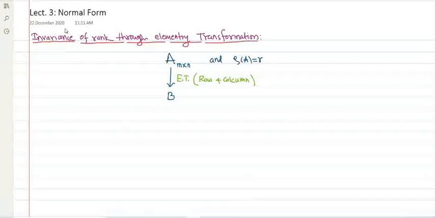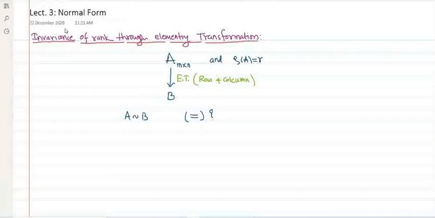By applying a sequence of elementary transformations, which may be 1, 2, 3, 4 like that, on matrix A. In that case, we write these two matrices as equivalent, using a symbol: A is equivalent to B. Don't use the equal sign. Again, I'm telling this because most students use equal, but you have to use the equivalent sign.